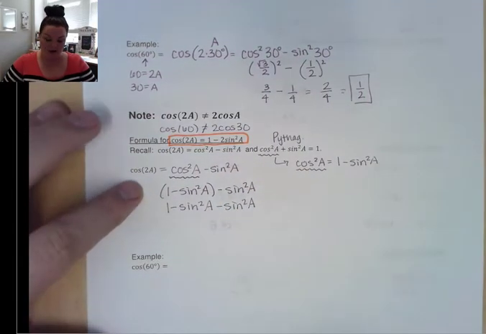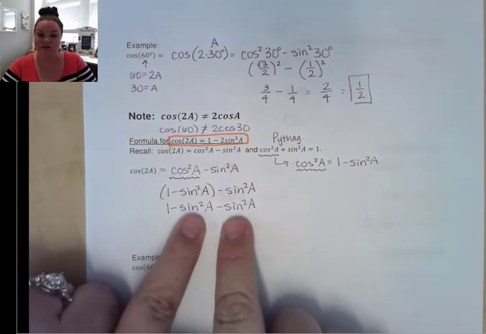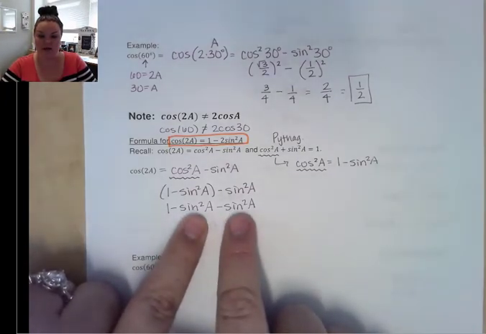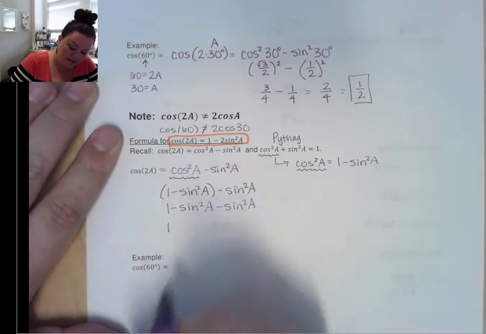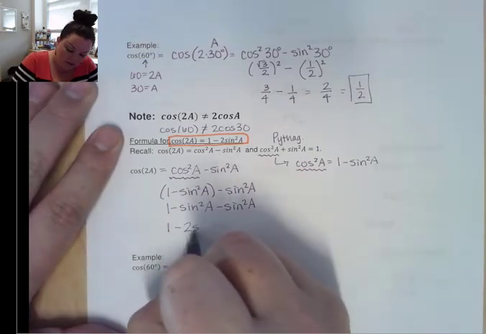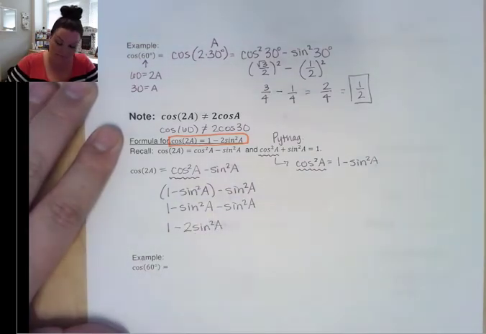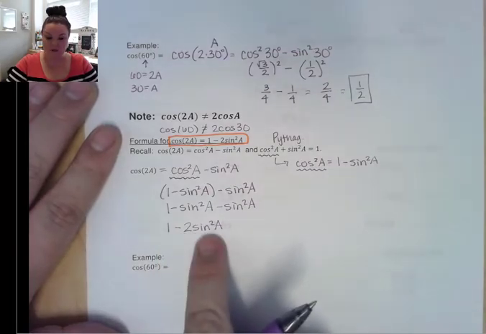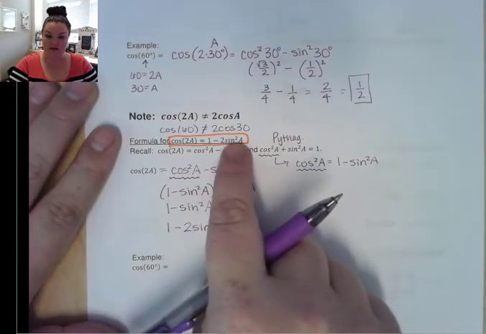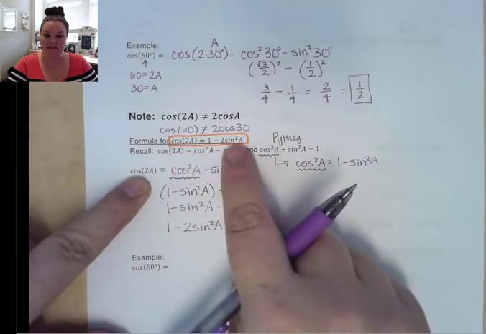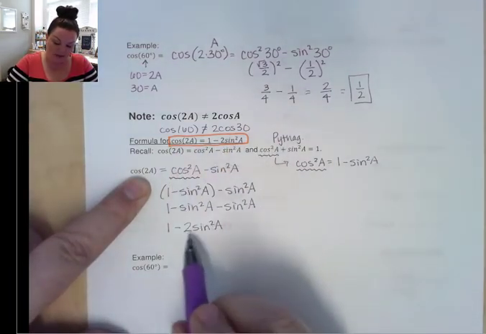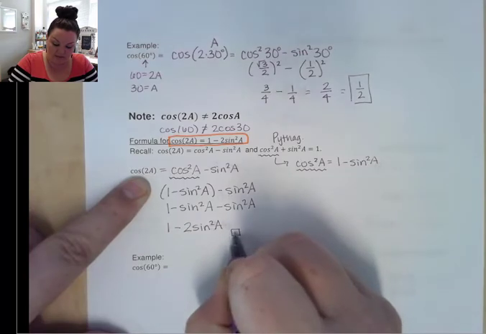And you can tell that I have two like terms: a negative sine squared a and another negative sine squared a. So negative 1 and negative 1 gives me negative 2. I can write this as 1 minus 2 sine squared a. That's exactly what I was working towards. So I have proven that cosine of 2a is equal to 1 minus 2 sine squared a.